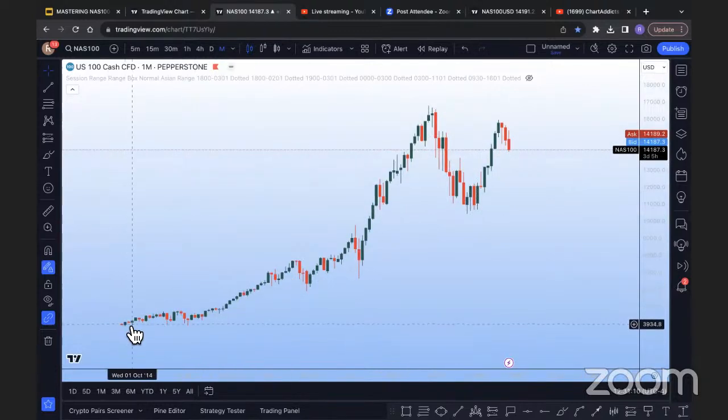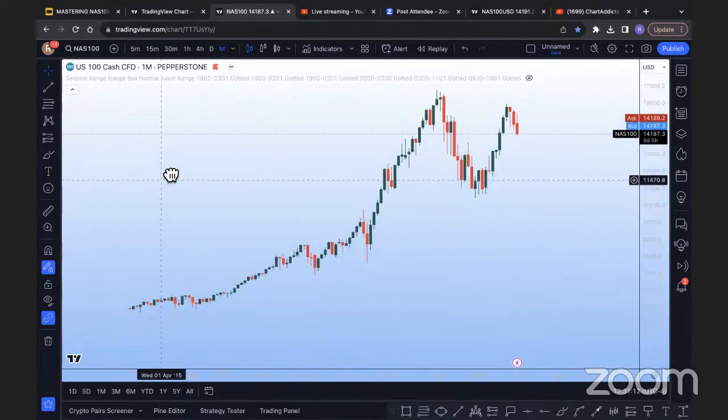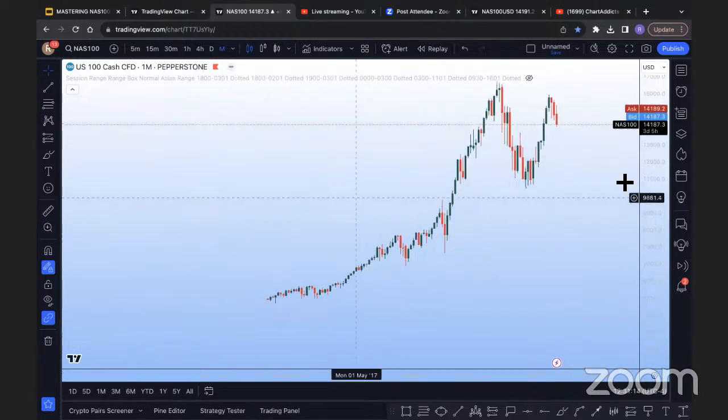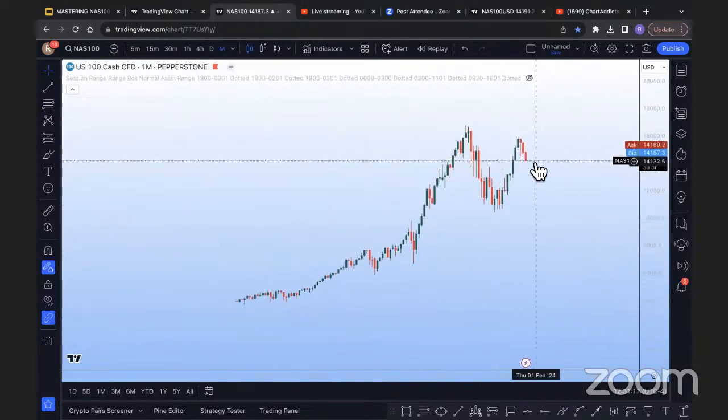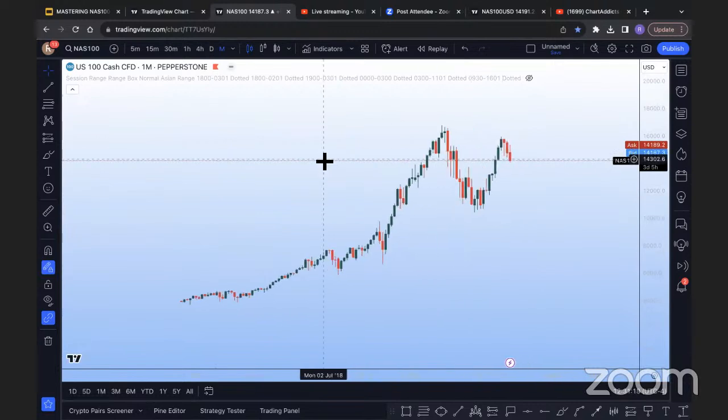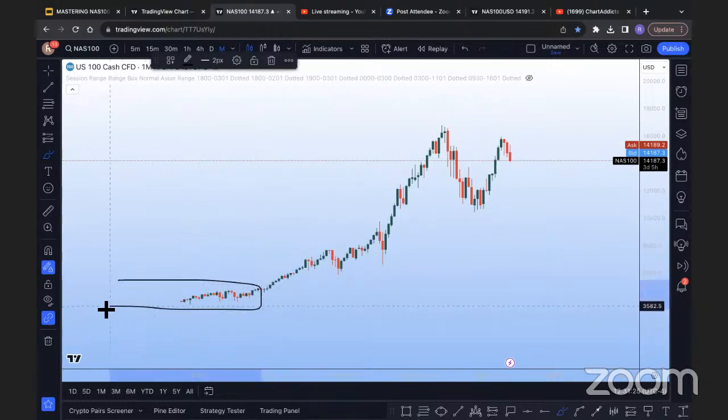Let's look at the last 10 years of NAS100. In case you don't know, NAS100, as we covered at the beginning, is the top 100 technology or non-financial company names on the NASDAQ exchange in the US stock markets. In the 2008 financial crisis, the tech names were not that big. The iPhone really came out in 08, 09.